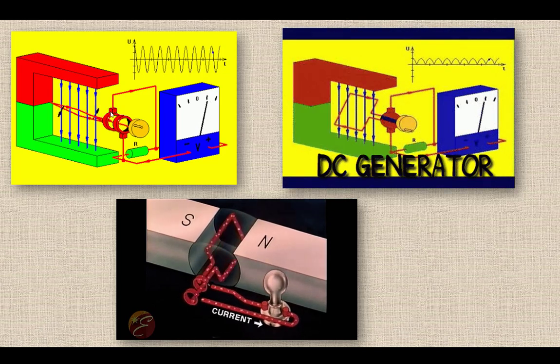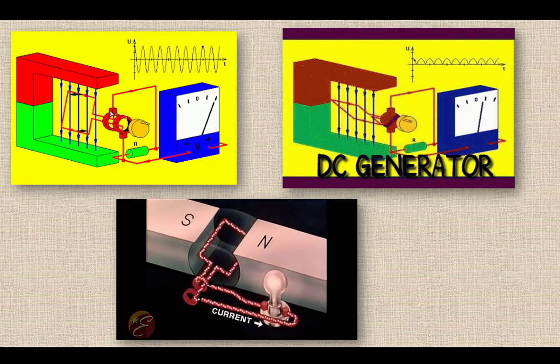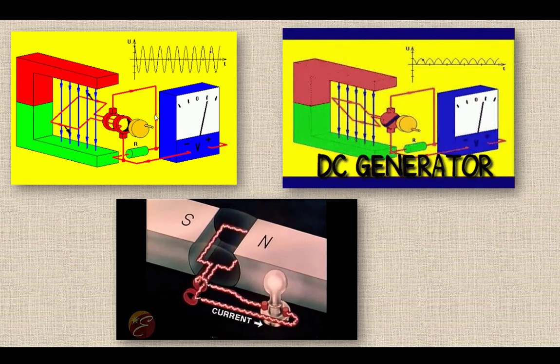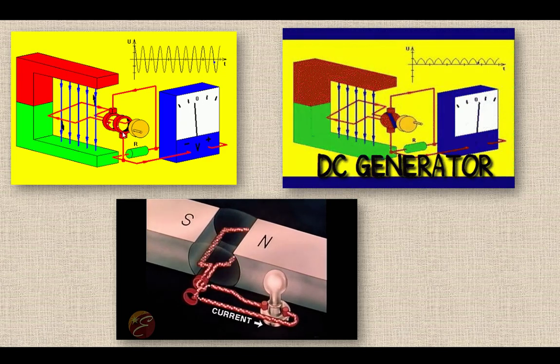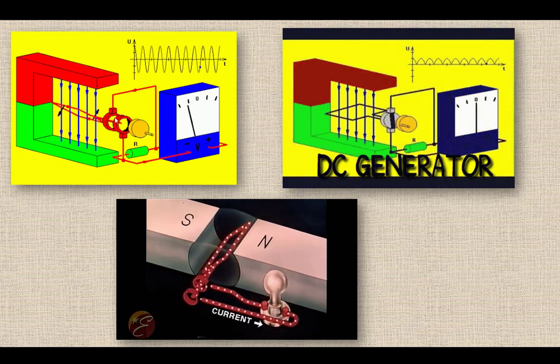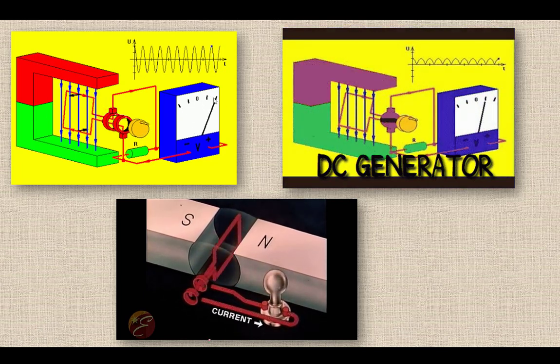Because this ring is attached to one side of the winding, that side of the winding half the time is going up, while the other half of the time it's going down. This side of the winding obviously is doing the opposite. So because of that, and by collecting the current in this way, we're able to capture that reversal in flow.